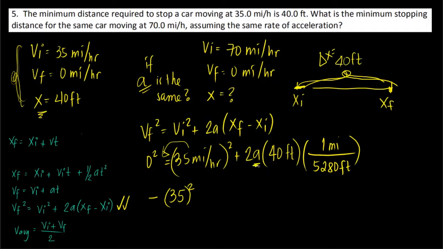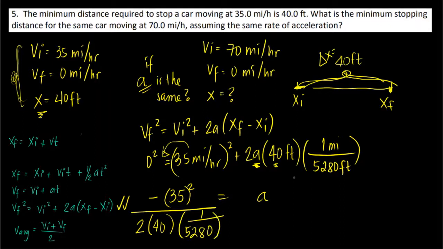And then, para si A lang mabilin sa isa ka side sa equation, i-divide ko si 2, si 40, pareho, kag si 1 over 5,280. Okay. So, with that, you can plug that into your calculator. So, 35 squared over 2 times 40 times 1 over 5,280.